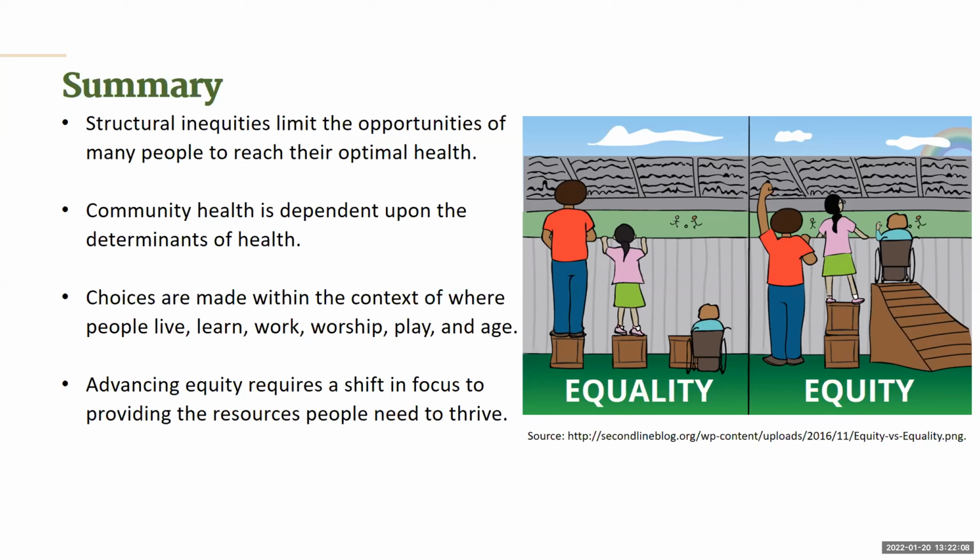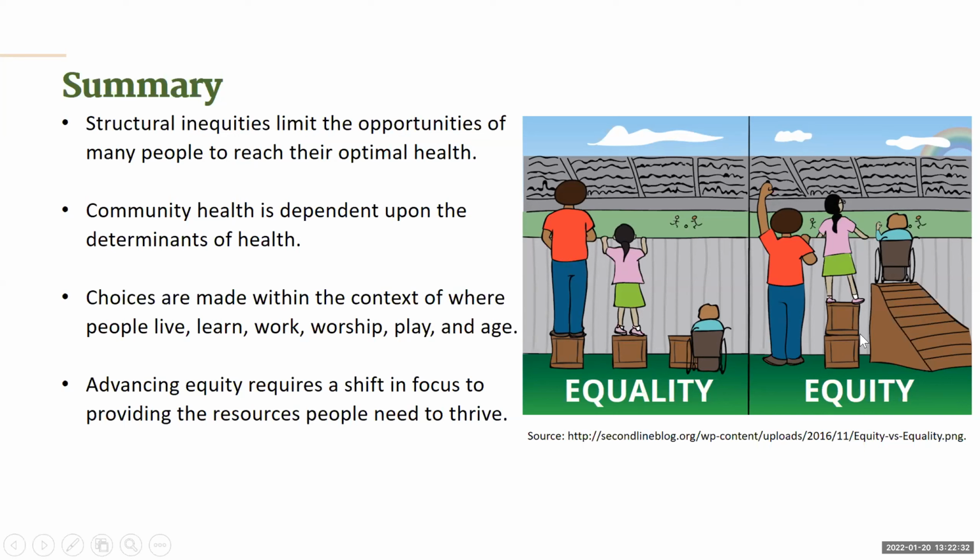So advancing equity requires a shift in focus to providing the resources that people need to thrive. You can see in the image here, for many years, as I mentioned, we focused on equality. We felt if we give people the exact same resources, if we just educate them, then we can reduce these disparities.